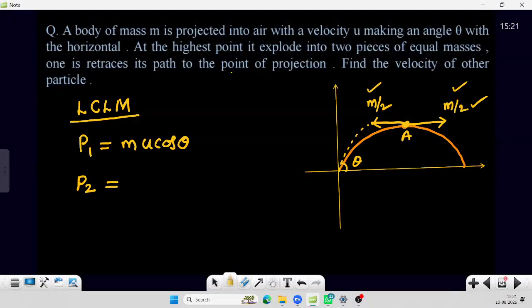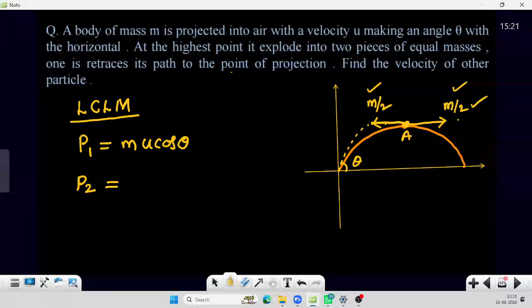This particle also has u cos theta horizontally, but they will move in opposite directions. One will move in the positive x direction, the other in the negative x direction.